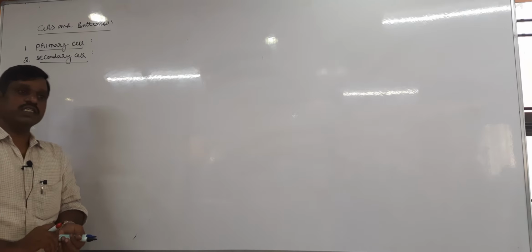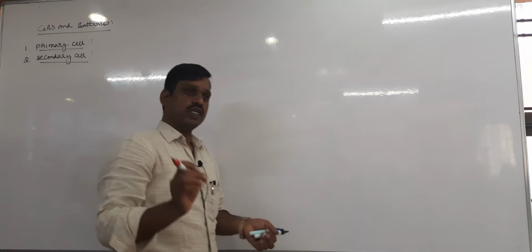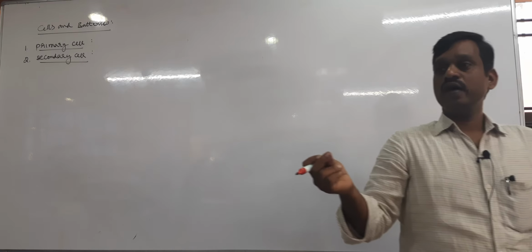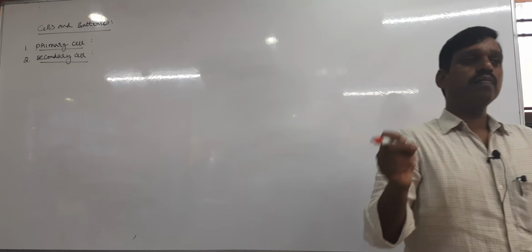So primary cell is the cell in which once the chemicals are consumed, they cannot be regenerated or recharged by passing the current from external source. Then they are called what? Primary cell.